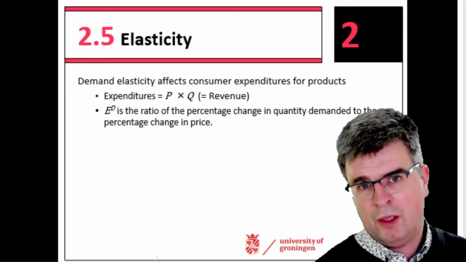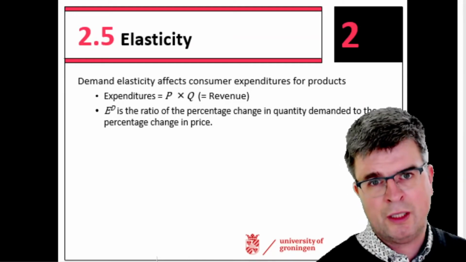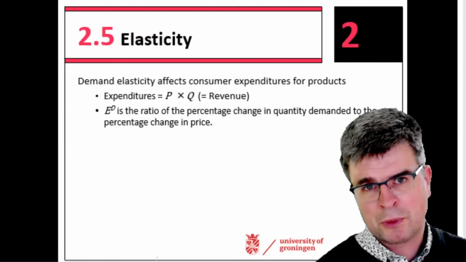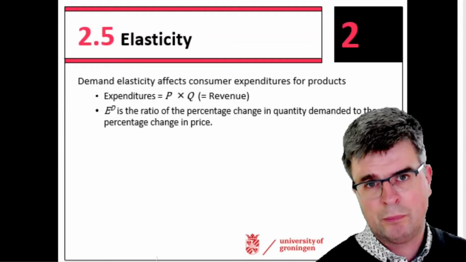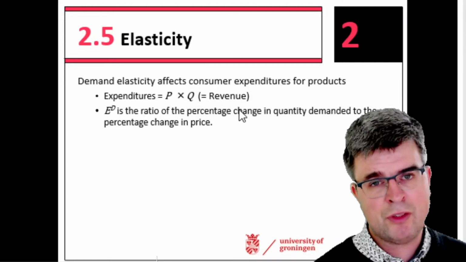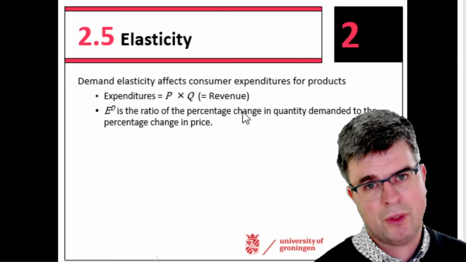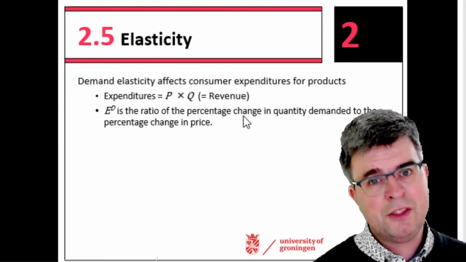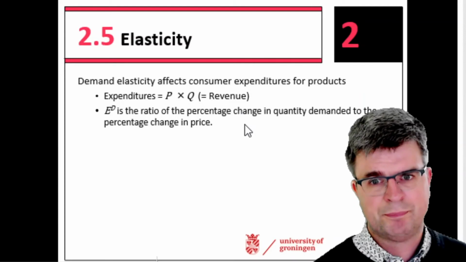So your expenditures on oranges is equal to the number of oranges you buy times the price that you pay for each orange. And the consumer's expenditures are the revenue for the producer. So a producer is interested in increasing his or her revenues.